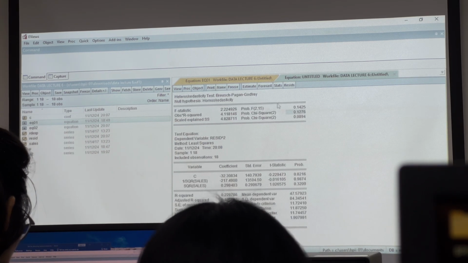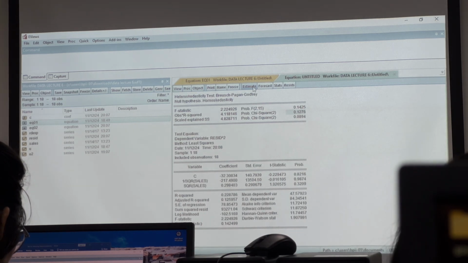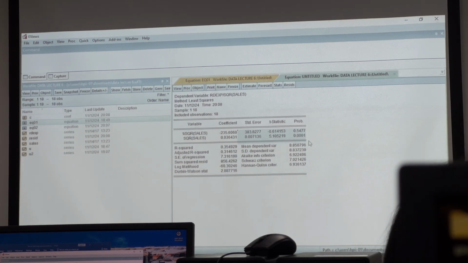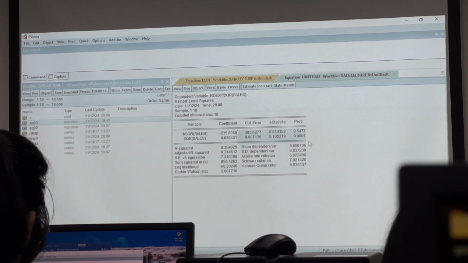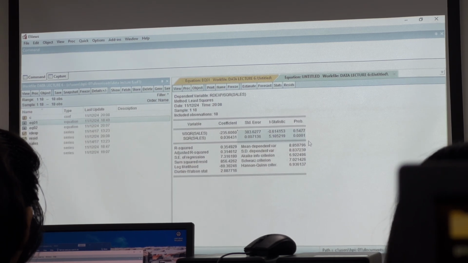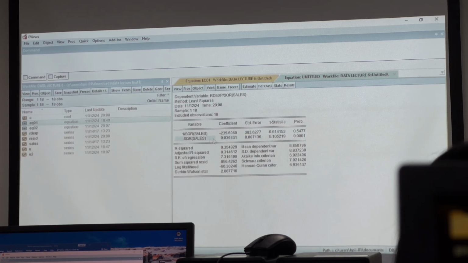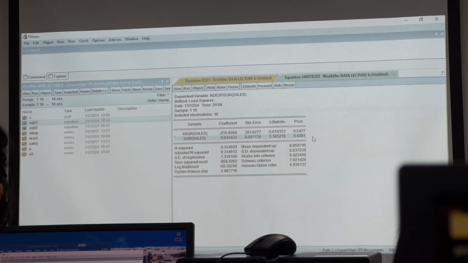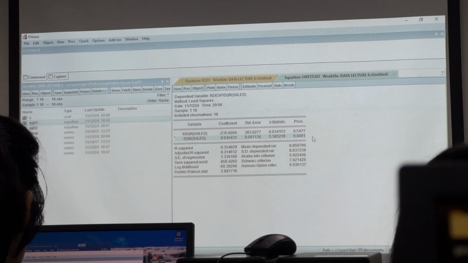So the reason why we transform the equation is to help us get a more reliable estimate of standard error, t-statistic, and p-value, so that we are more confident to make a conclusion whether sales have a significant influence or not on the dependent variable. Basically we remedy the problem in order to get a reliable result or conclusion of the hypothesis testing.